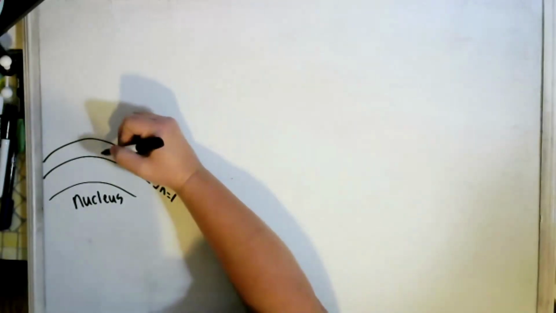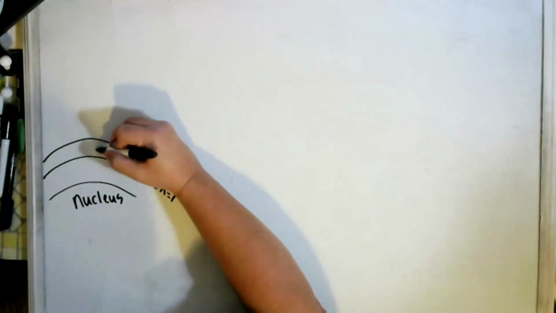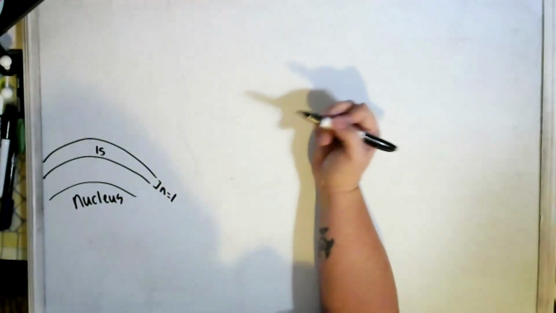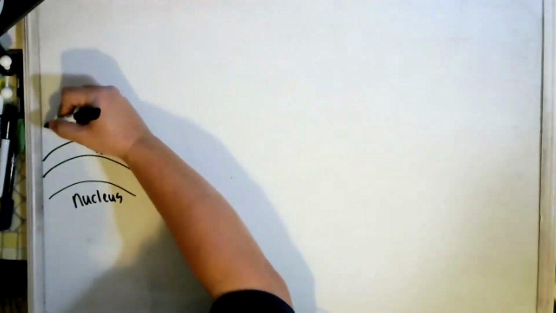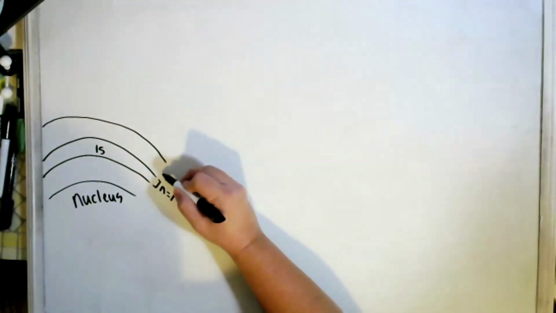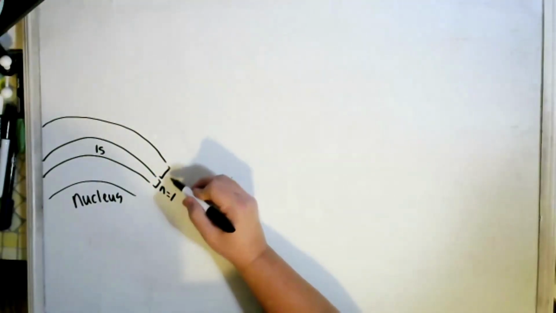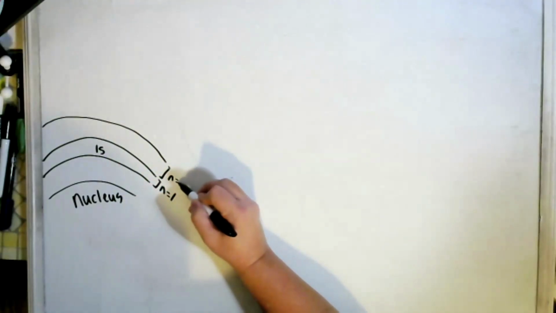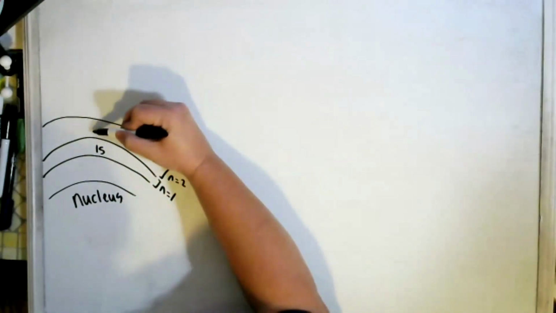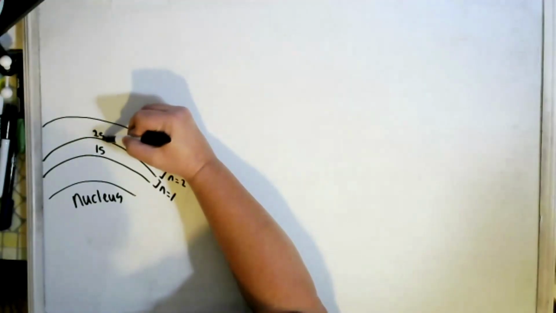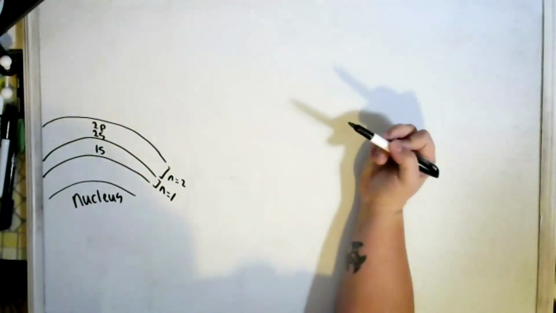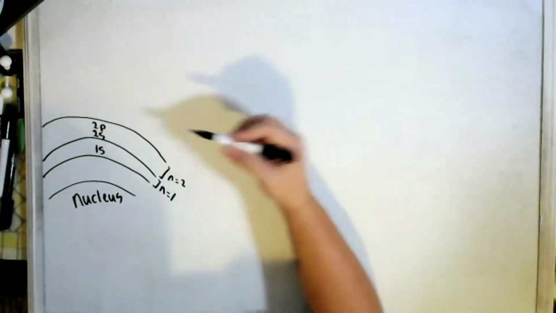And in your first energy level, the only sublevel that exists is going to be your 1s sublevel, right? And after your first energy level is your second energy level. So now within this space, we're going to have n equals 2. And within your second energy level, you can have a 2s sublevel, and you can also have a 2p sublevel, right?